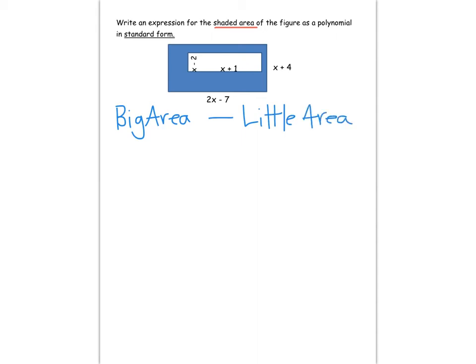Okay. The big area, that's the big outside area. It's 2x minus 7 times x plus 4, base times height. The little area, that's that white rectangle here. That's x minus 2 times x plus 1.